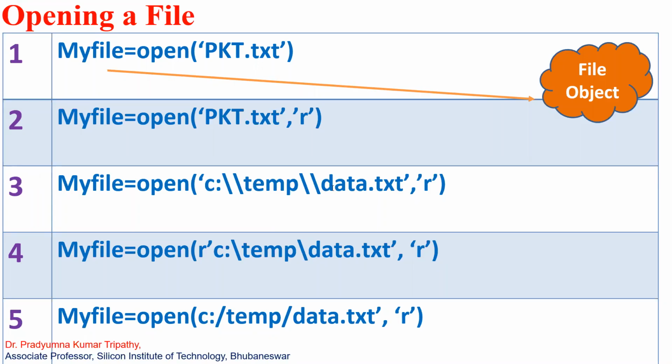Like \a, suppose I have another \a, it may be converted to an audible bell. So to avoid escape sequences, we give another slash over there.